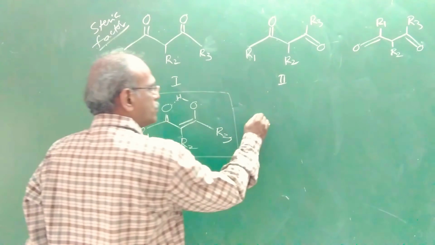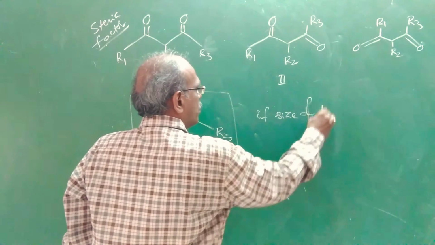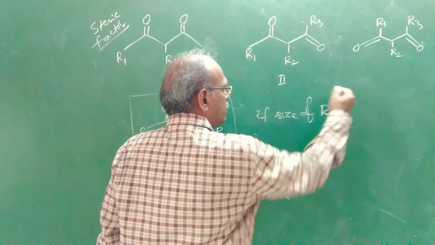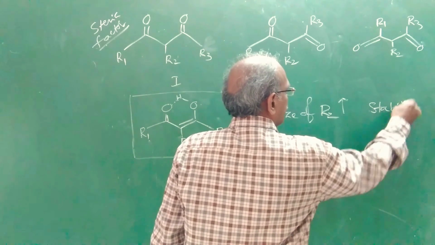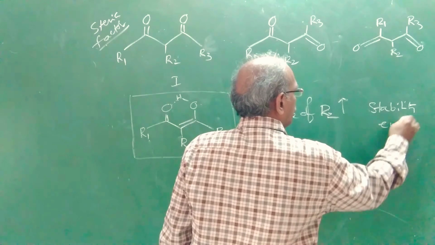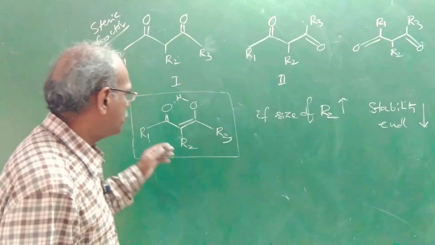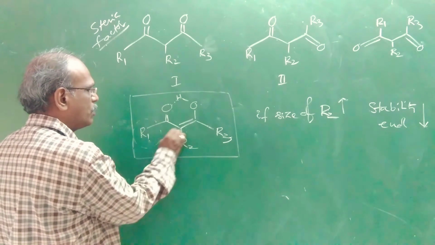If the size of R2, this one, increases, the stability of enol decreases because of its conformer. See, steric hindrance.